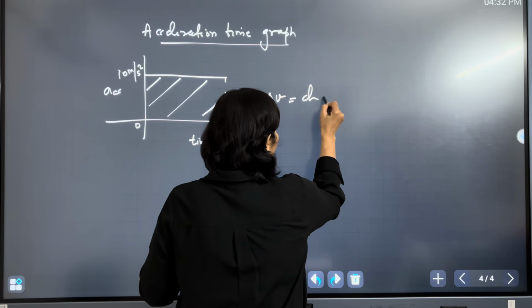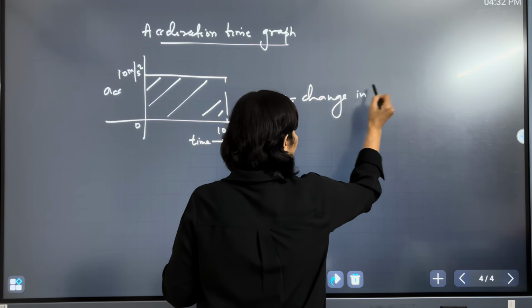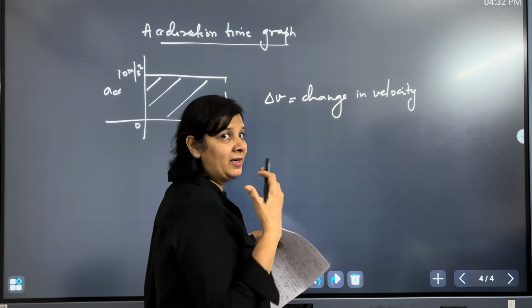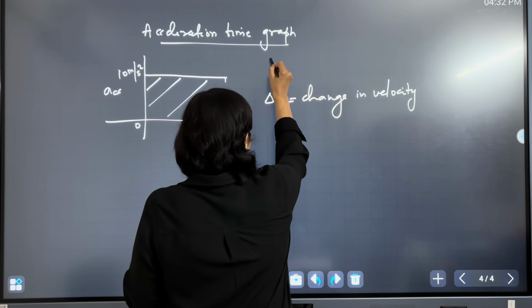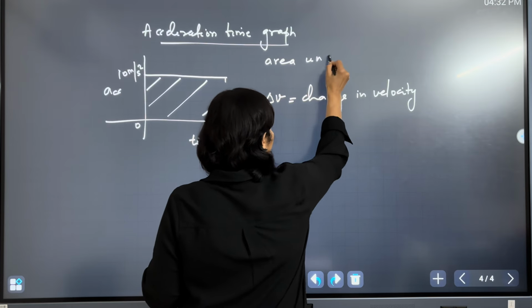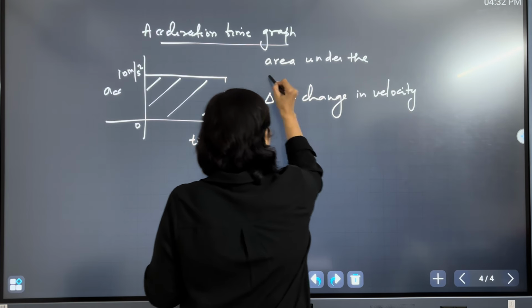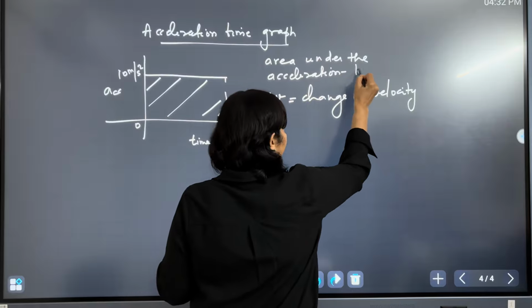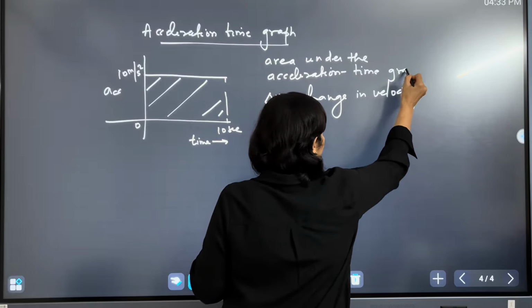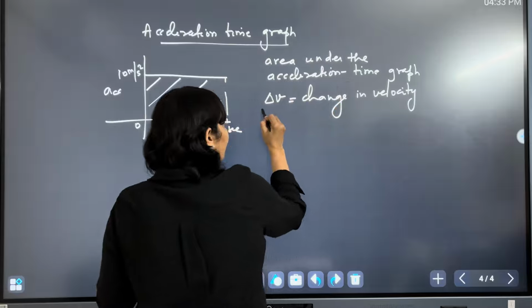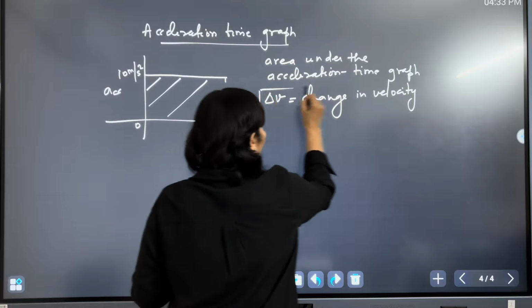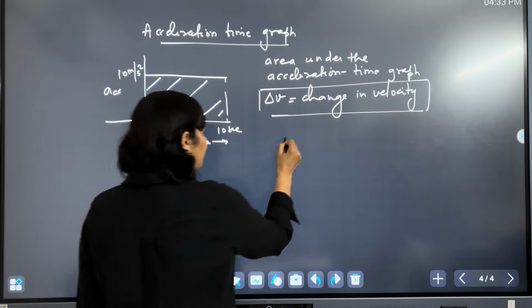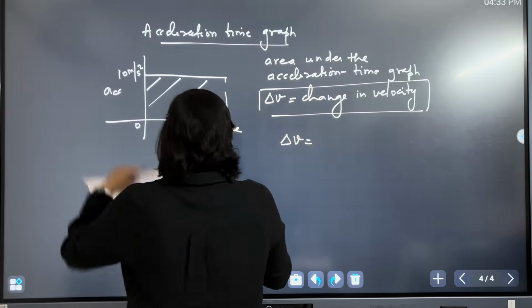So this is equal to change in velocity. Okay, we cannot say velocity because that is completely wrong. So area under the curve, under the acceleration time graph, gives change in velocity.